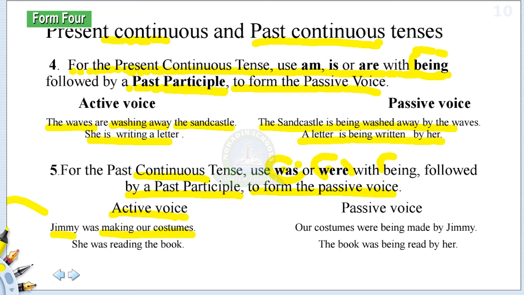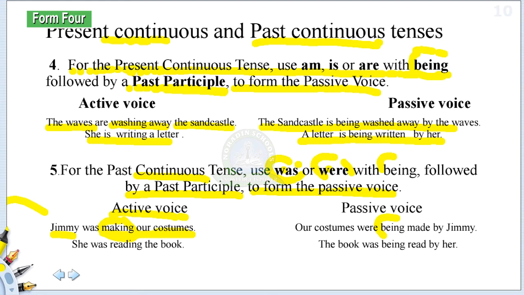Our costumes were being, because this verb has an ing. Our costumes were being made, and making becomes made, the past participle. This is a present participle, but in the passive it becomes past participle. So our costumes were being made by Jimmy.